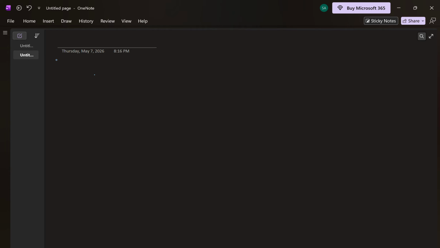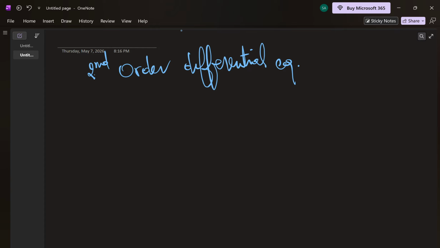So we have seen last time that if you have a second order differential equation of this form, y double prime plus a1 x times y prime plus a2 x times y is equal to 0.